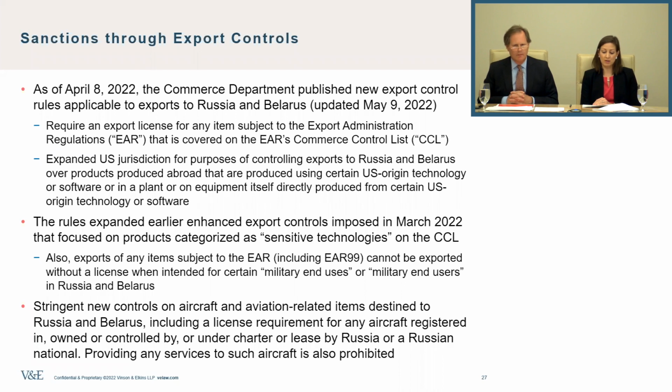So any item that is on the Commerce Control List administered by the Department of Commerce under the Export Administration Regulations now requires a license to Russia, even if, based on the item's characteristics, it doesn't require one for the particular item. The fact that it's even on the list at all now supersedes that, and a license is required.